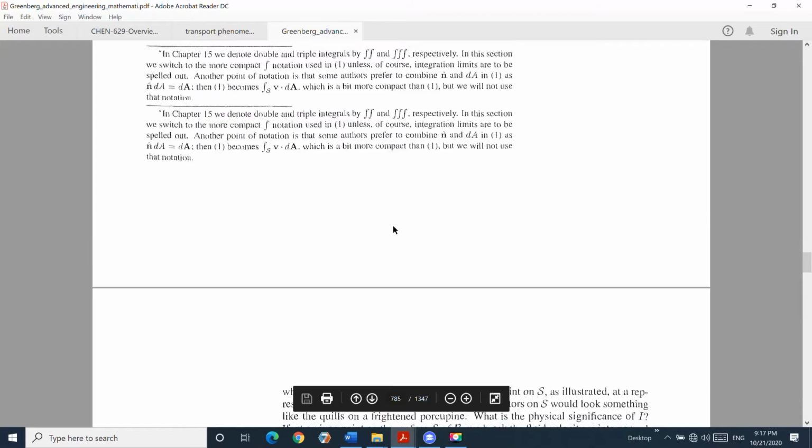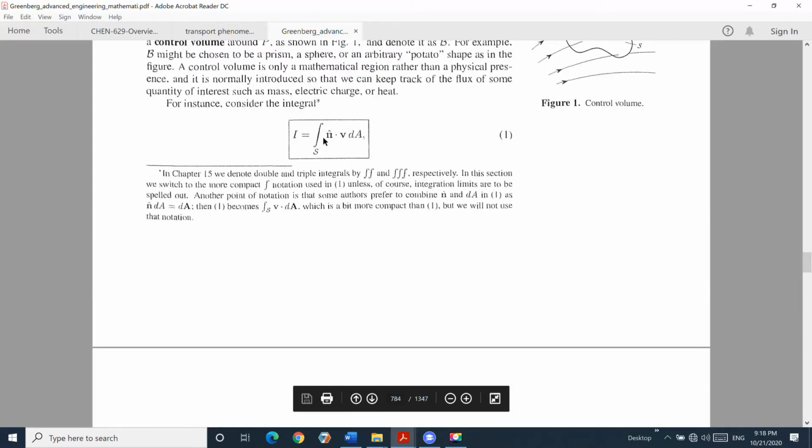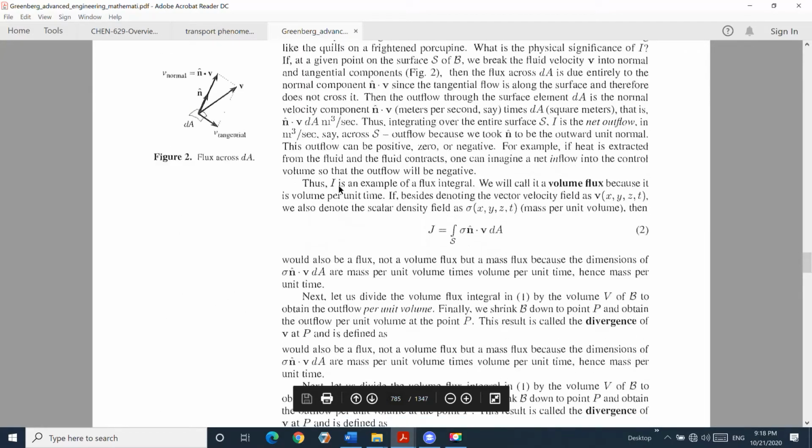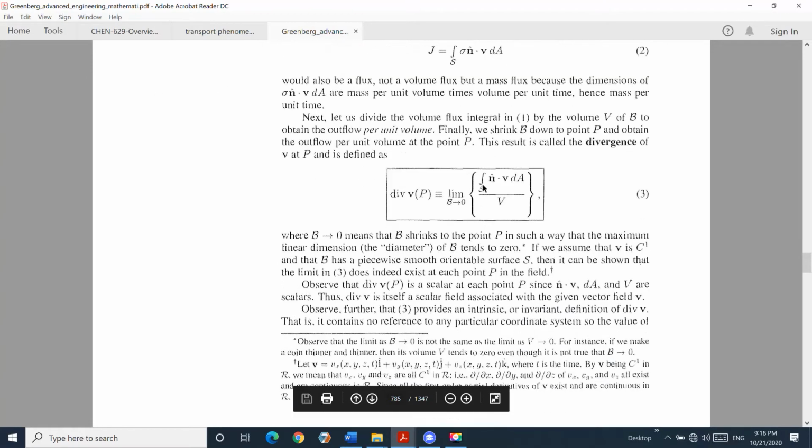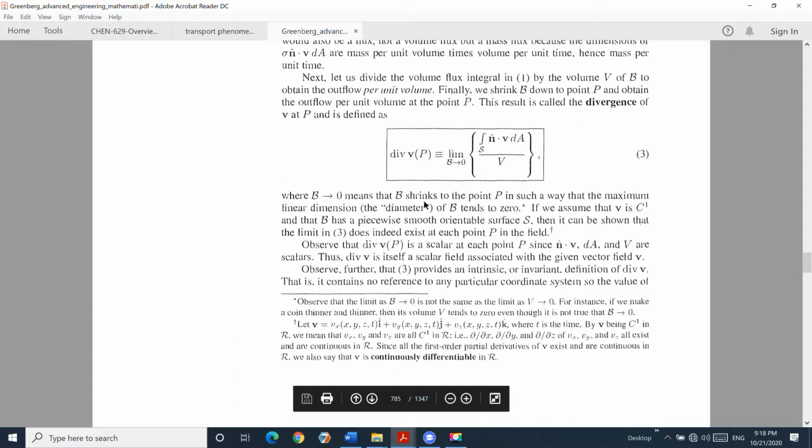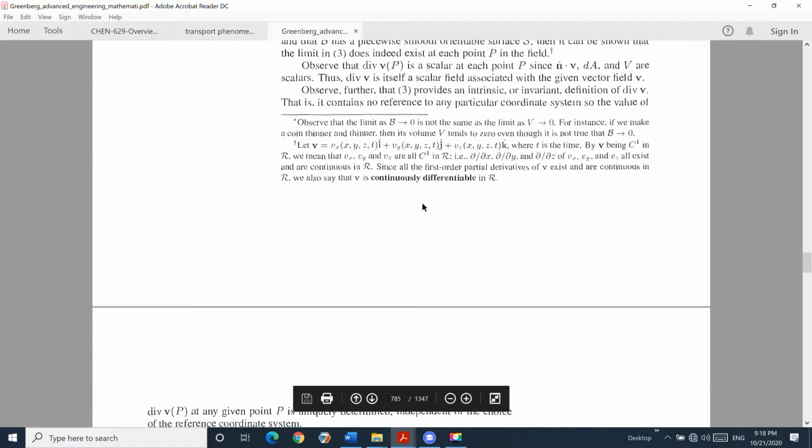Starting from this integral, with some mathematical manipulation, we get this result. We call it the divergence of V at P, defined as follows.